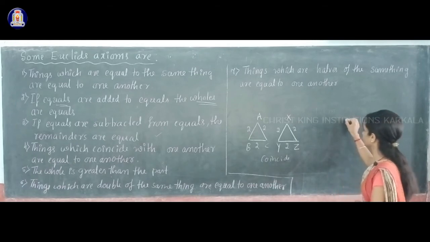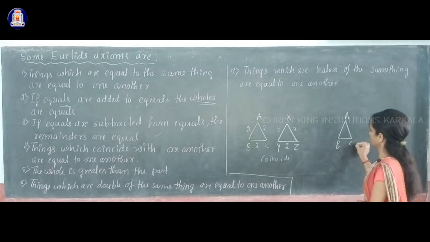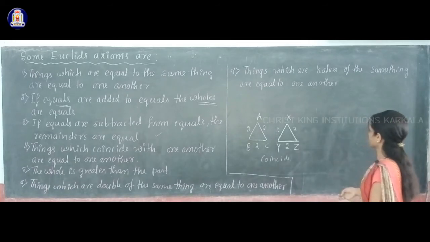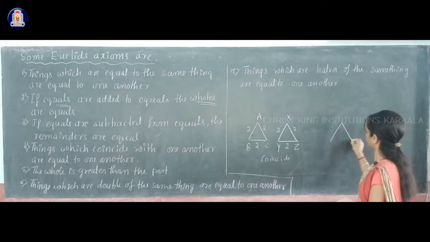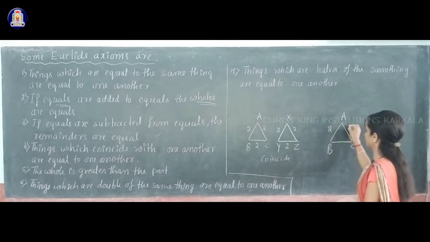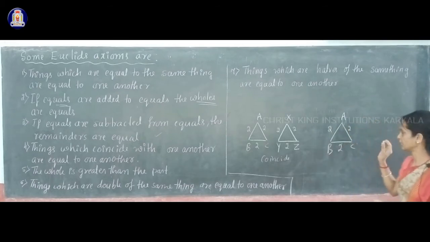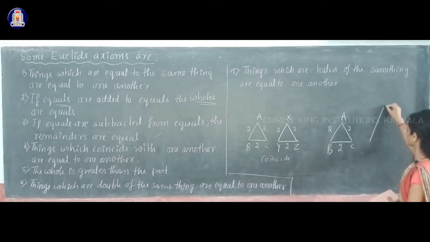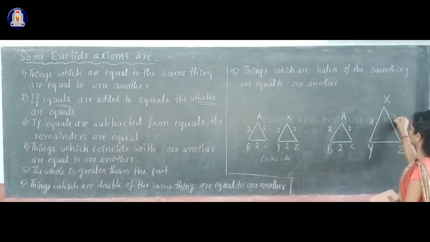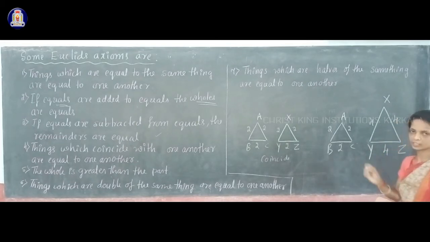But if you take a triangle ABC, we take an equilateral triangle, easy to understand. If you take an equilateral triangle ABC with sides 2 centimeter and another equilateral triangle XYZ, but here the length of sides is 4 centimeter.